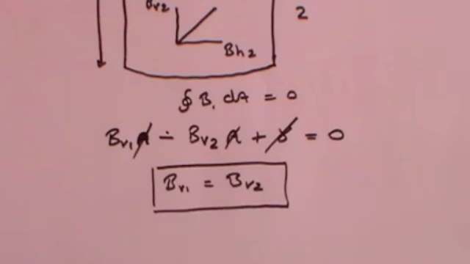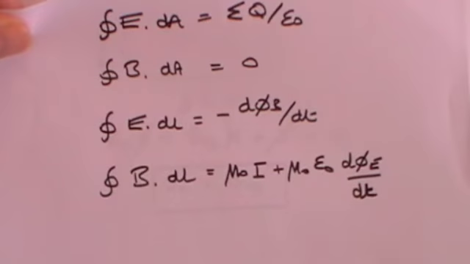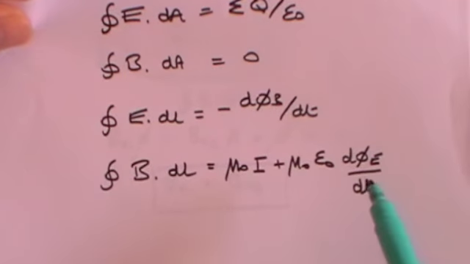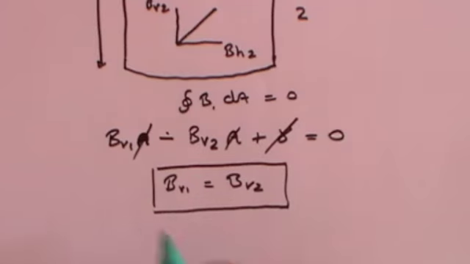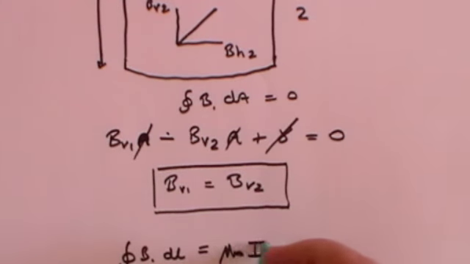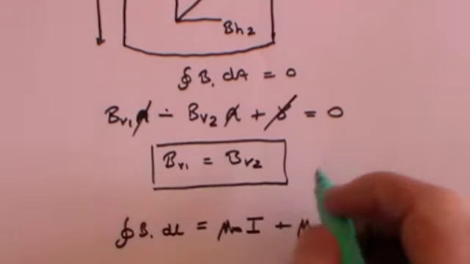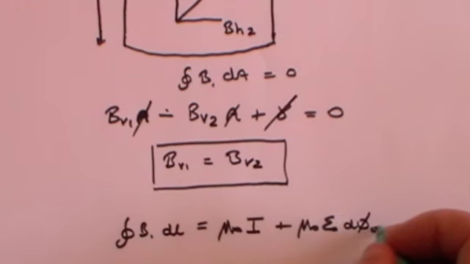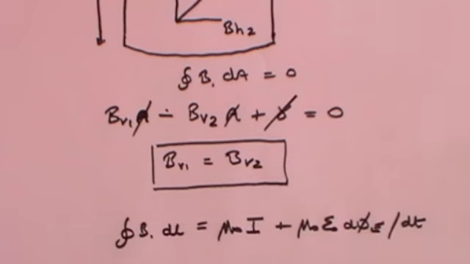That just leaves us with one more to look at, and that is this B.dl term here. Let's write that down. That is the integral of B.dl is equal to mu 0 I plus mu 0 epsilon 0 d phi E by dt.